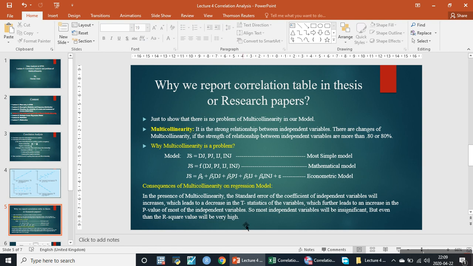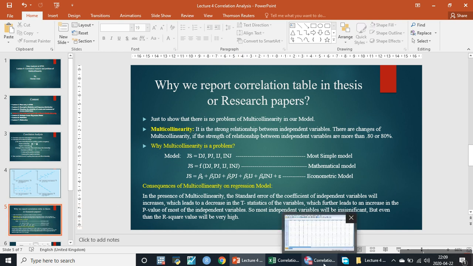But in the case of multicollinearity, most independent variables will be insignificant, but even though your R square will be very high, so the results will be spurious. The results will not be clear. You cannot make forecasting decisions on the basis of these results, because these results are incorrect.